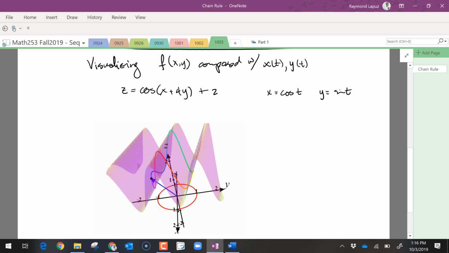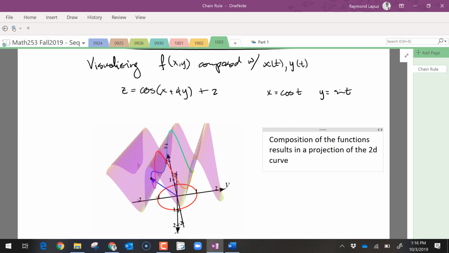The composition of the functions results in a projection of the 2D curve x of t comma y of t onto the surface.